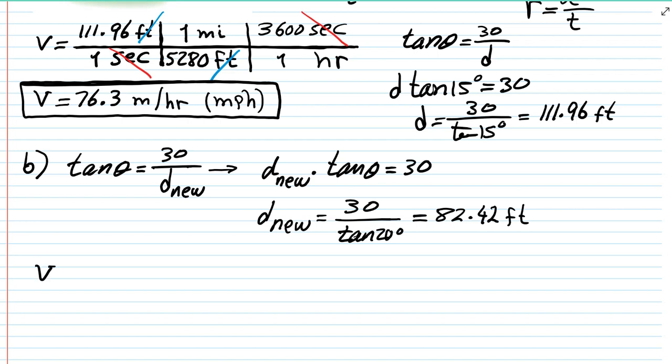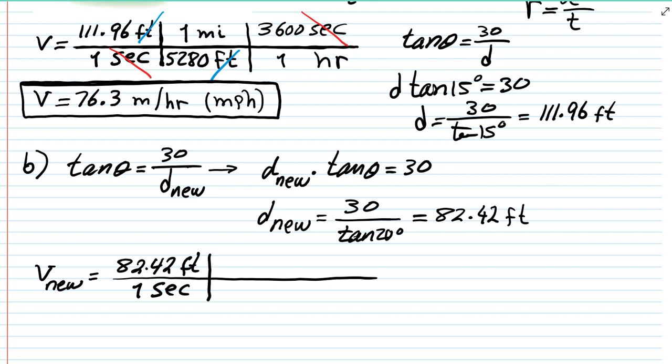So what is the velocity? The new velocity, I'm going to call it, for part B is 82.42 feet per 1 second. And my conversion factors are the same. To each mile, there are 5,280 feet.